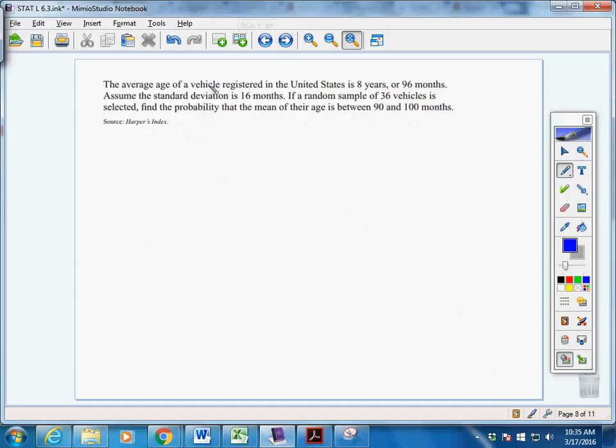The average age of a vehicle registered in the United States is 8 years or 96 months. Now remember, for our formula, sample mean minus our population mean divided by the standard deviation over the square root of the sample size. Let's find our variables.